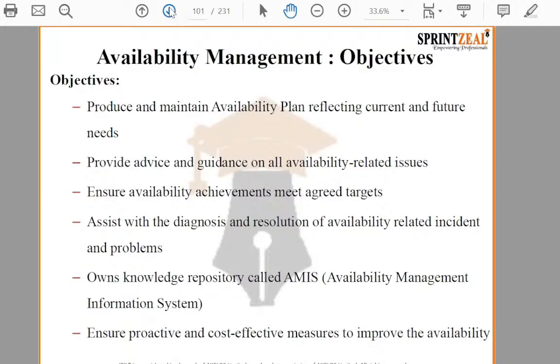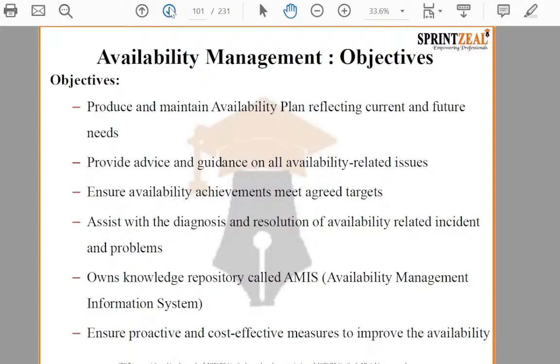We'll talk a lot about incident management. However, when incident management identifies that the root cause or the issue was caused by lack of availability, they will send that information back to whoever's responsible for availability management, typically your availability management process owner, to say, hey, this service was not available, or this tool was not available as we outlined in our SLA.